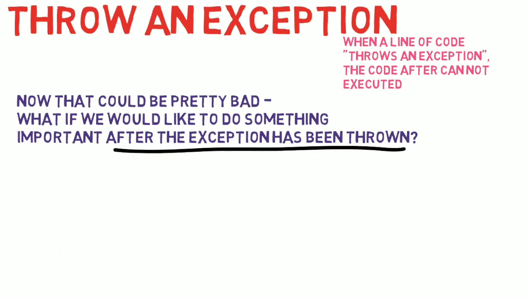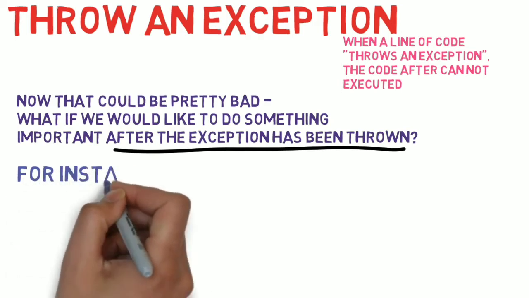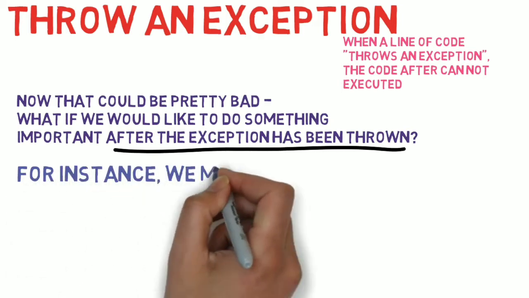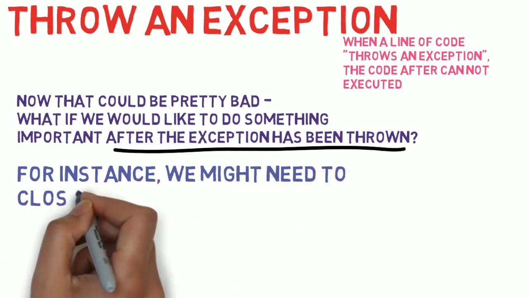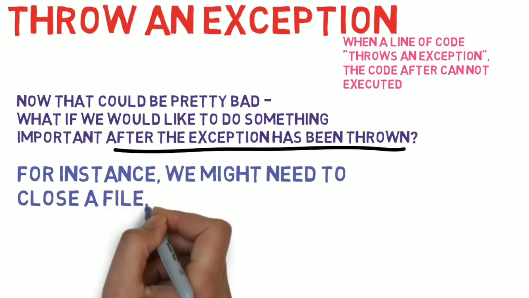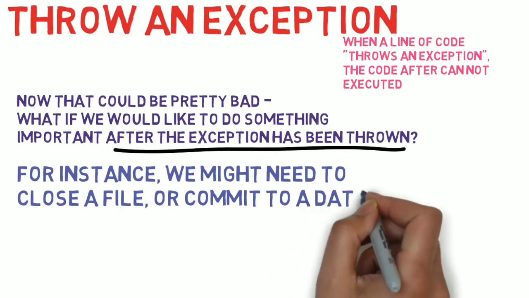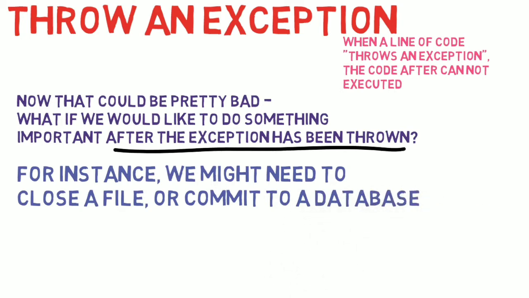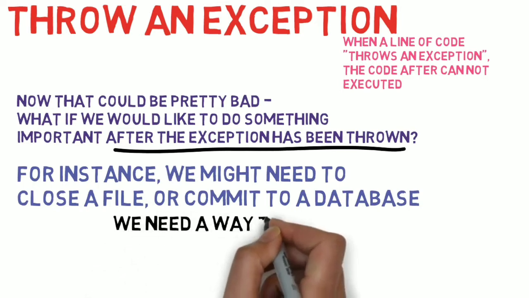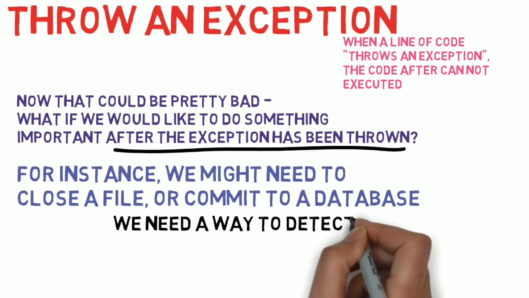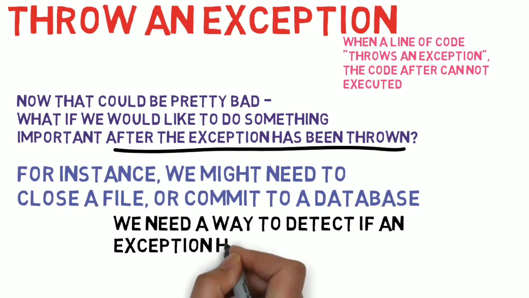So after the exception has been thrown, you still want a particular piece of code to be executed. How do you make sure this happens? What kind of examples could there be of such code? You might need to close a file or commit to a database. These are operations which are necessary, otherwise the file or database could get corrupted.